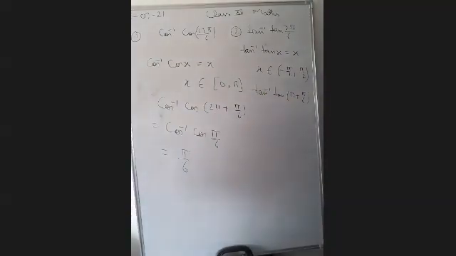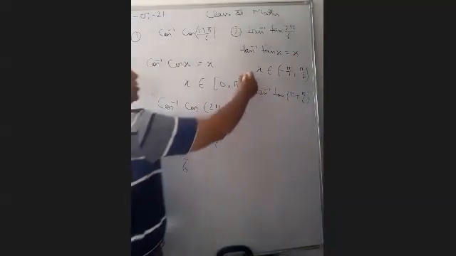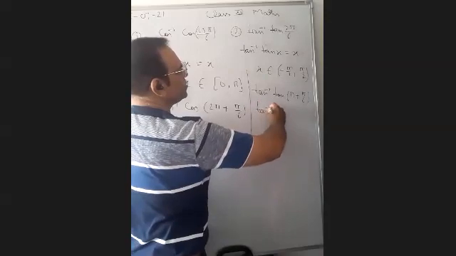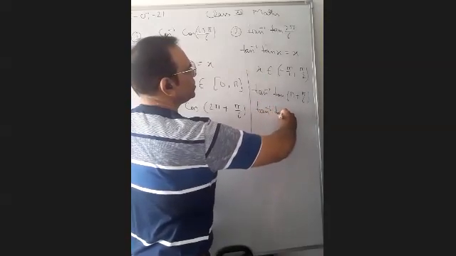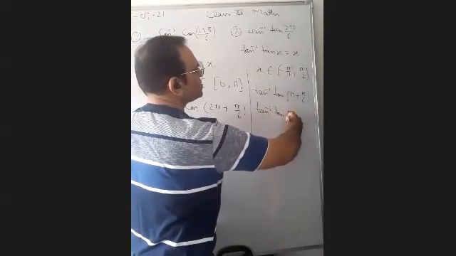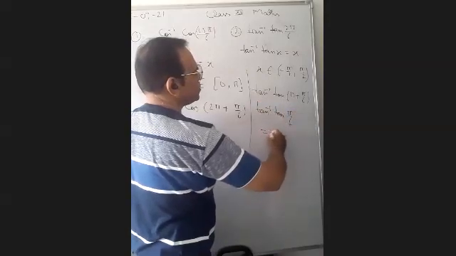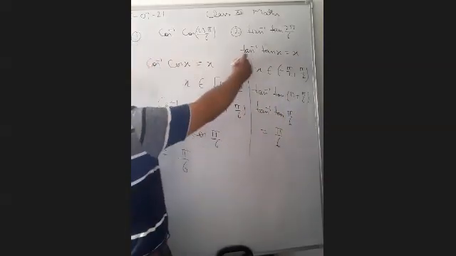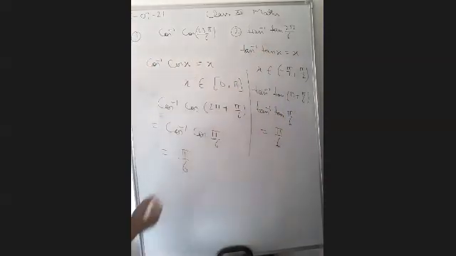So we have written tan of pi plus pi by 6. So it will be equal to tan inverse tan pi by 6, which is equal to pi by 6. By using that formula tan inverse tan x is equal to x.